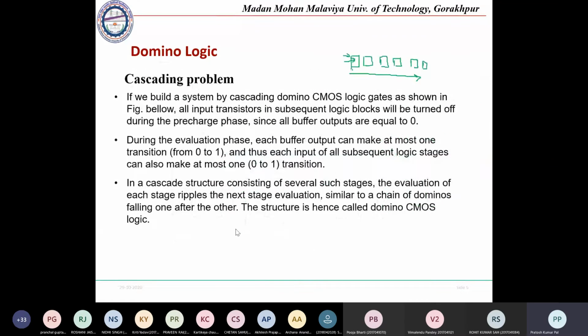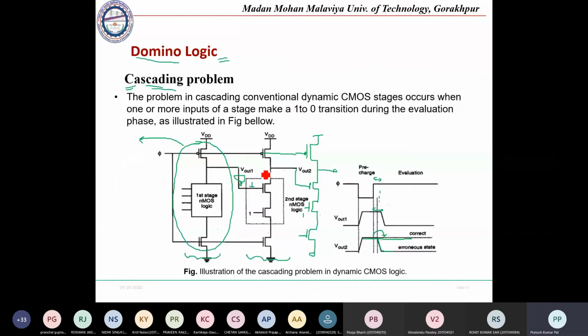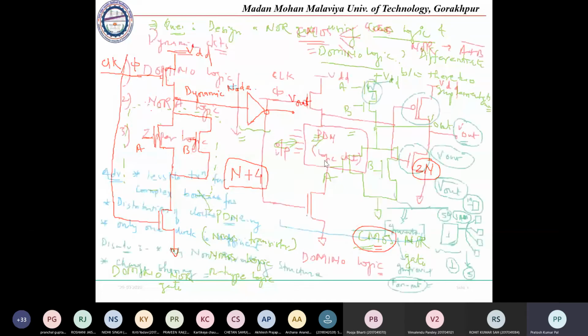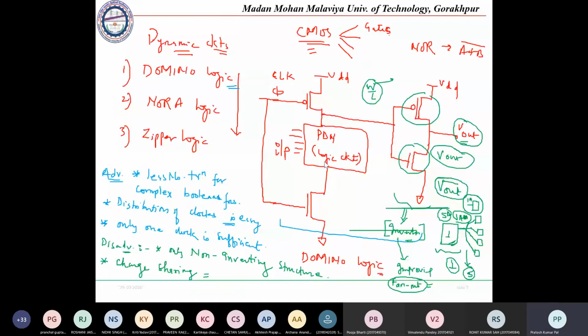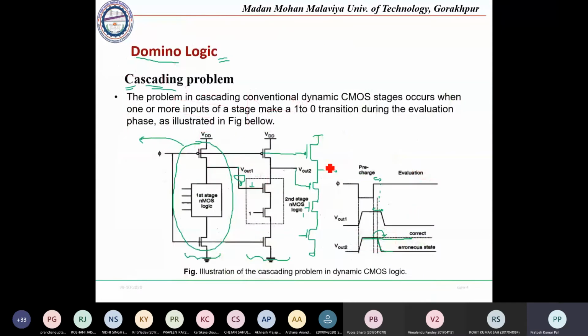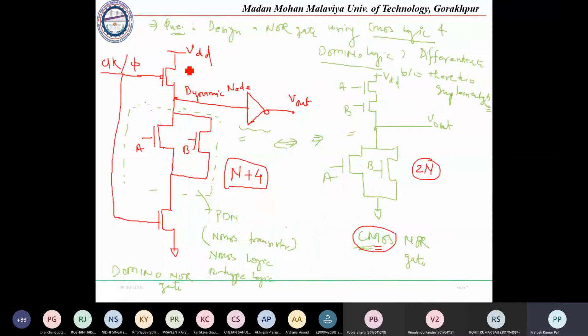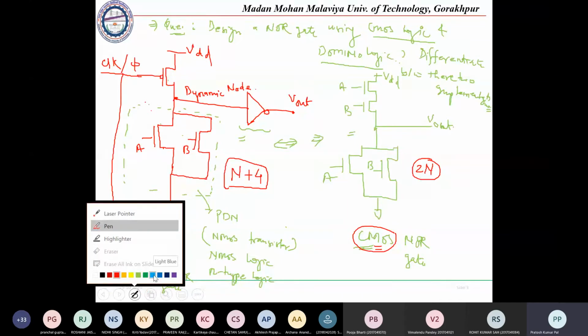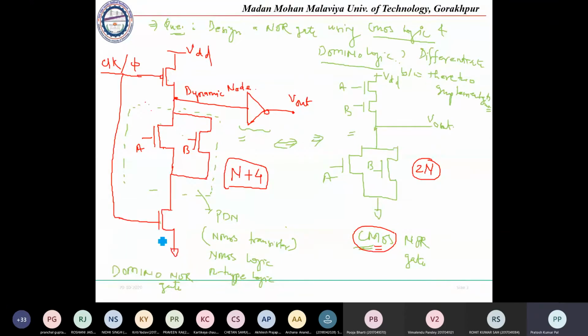So this is the structure of your domino logic. The basic domino logic is there. If the charge sharing problem is there, we will be using another transistor called the keeper transistor, which we have already seen in the previous class.